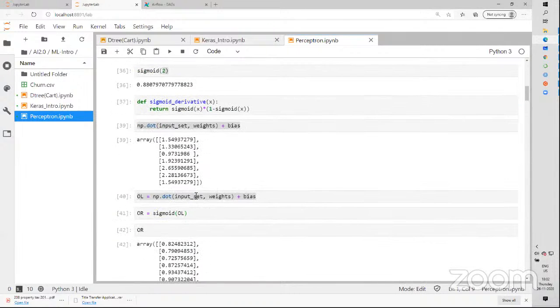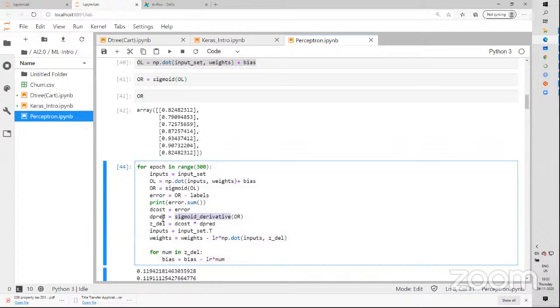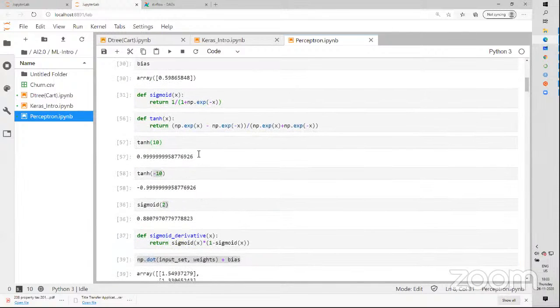So now we would replace this function with the tan h function, and similarly the derivative in the second part, that is the derivative of OR with respect to OL, should also change. This derivative is the derivative of sigmoid, which is not good for tan h.